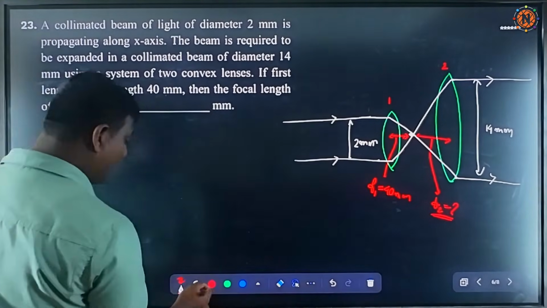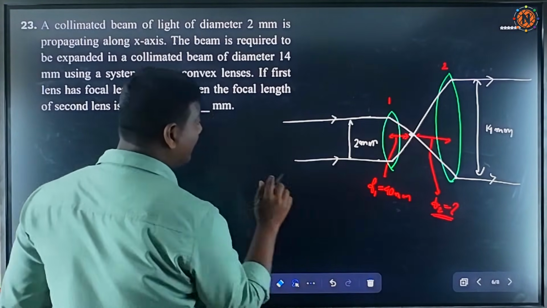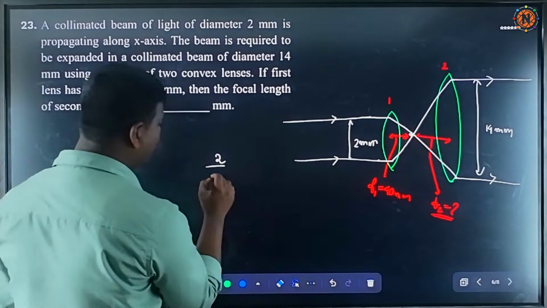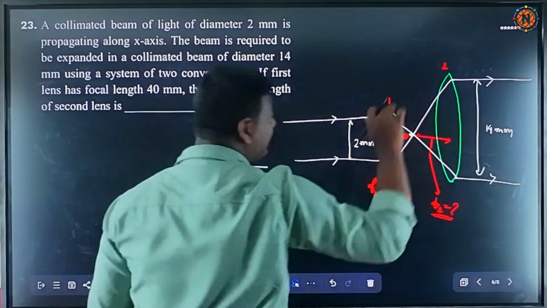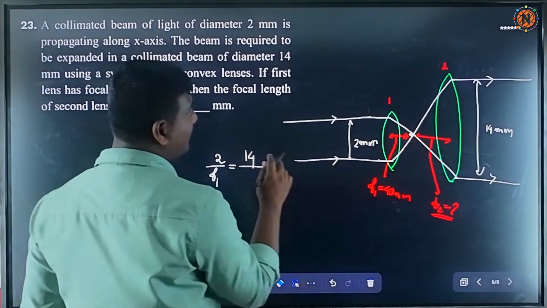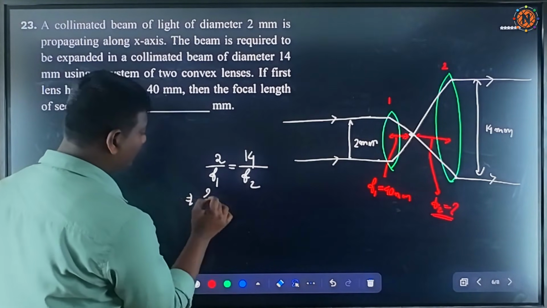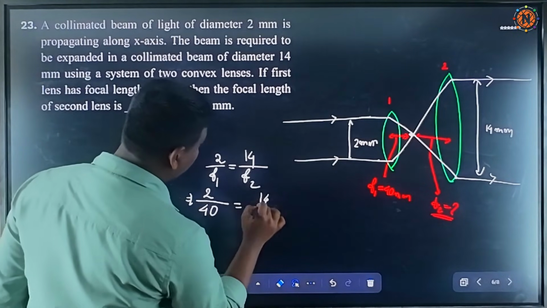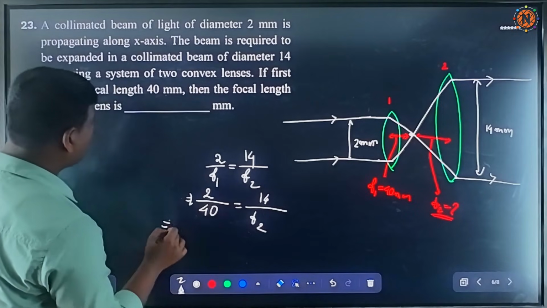By the similar triangle properties, we can use that this length is 2 divided by focal length f1, that will be equal to this length, 14, divided by focal length f2. So focal length of the first lens is 40, and 14 divided by f2. Just calculate it.